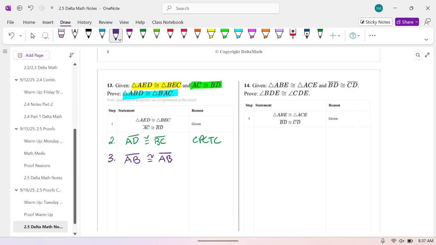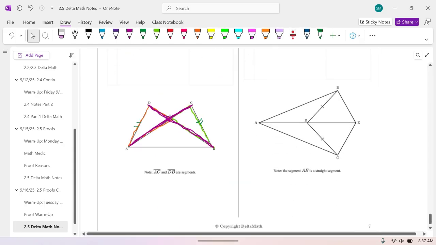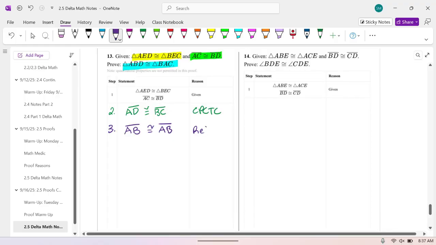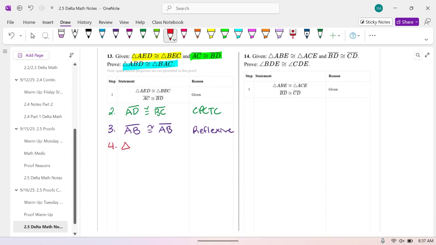What property? It's reflexive. Technically, those two triangles share that same side, so it's reflexive. Thus, I have enough information to prove that triangle ABD is congruent to triangle BAC by side, side, side.